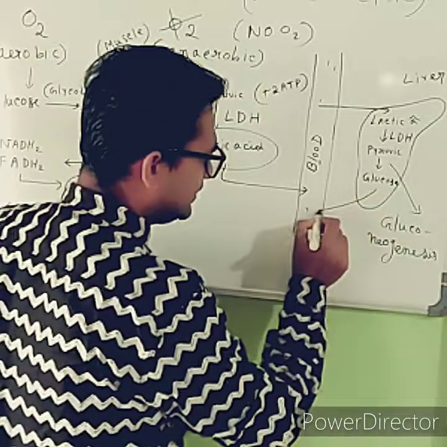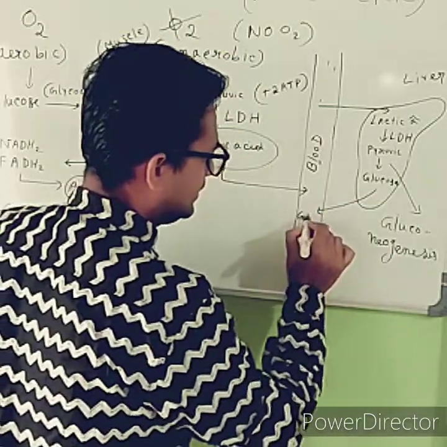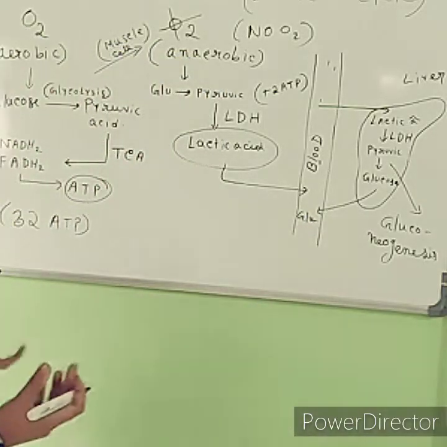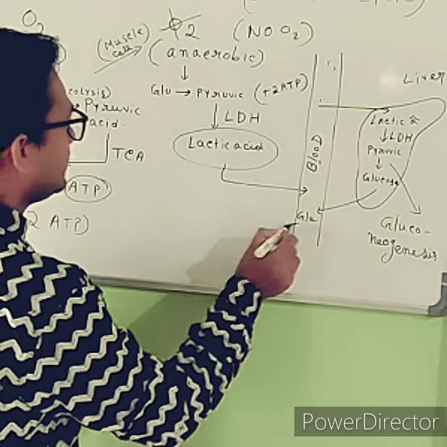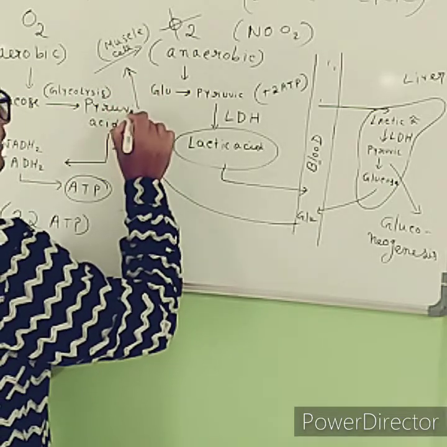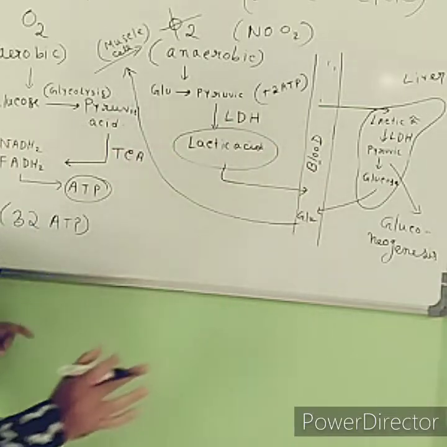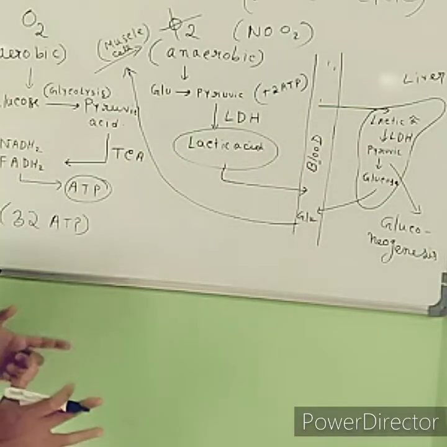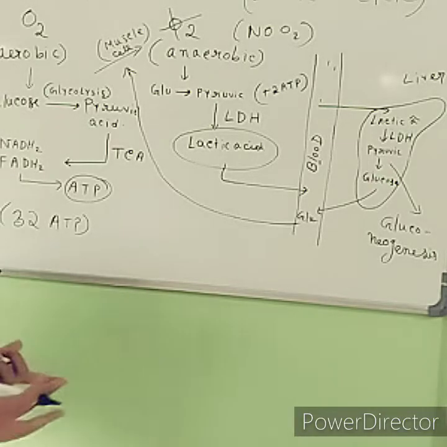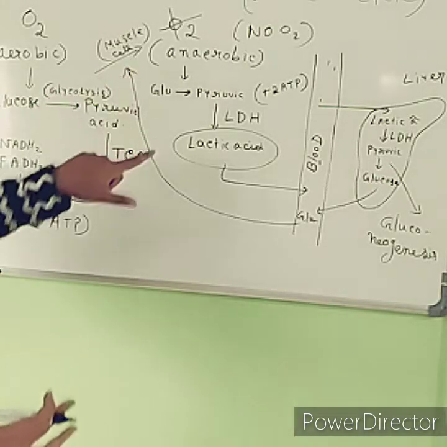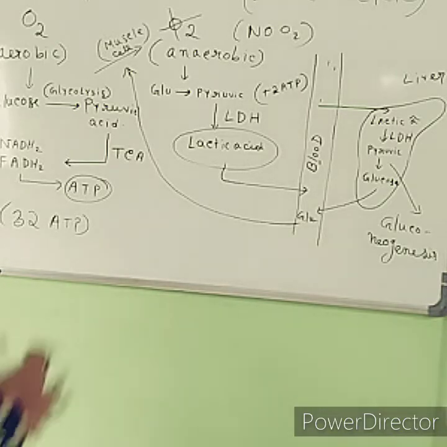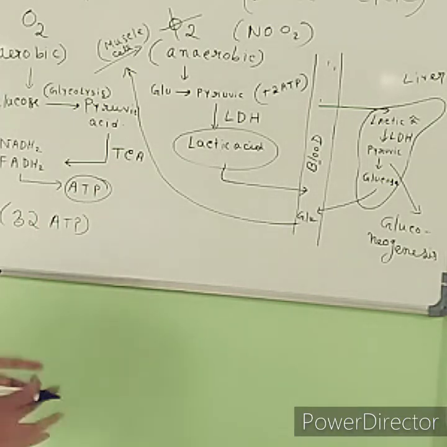Now the glucose is returned to the bloodstream. If we get glucose, there are no complexities, and the glucose enters the muscle cell to perform the normal process. In this way, our cells manage the lactic acid produced during anaerobic respiration. So this is the total process of the Cori cycle.